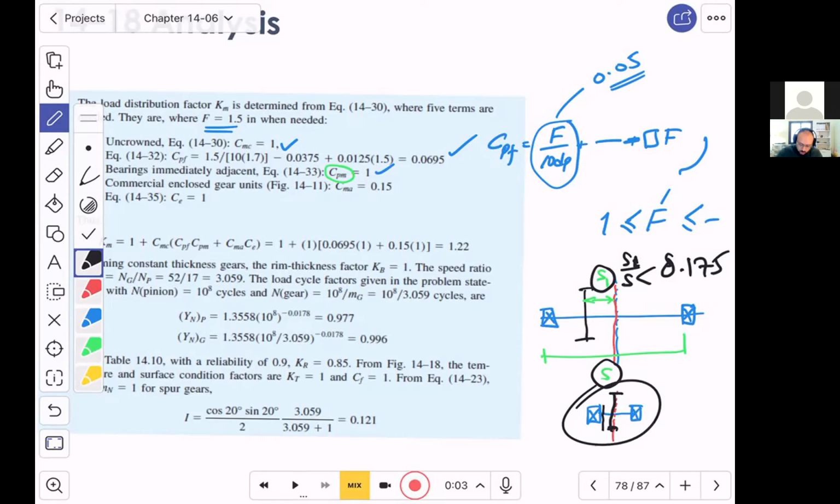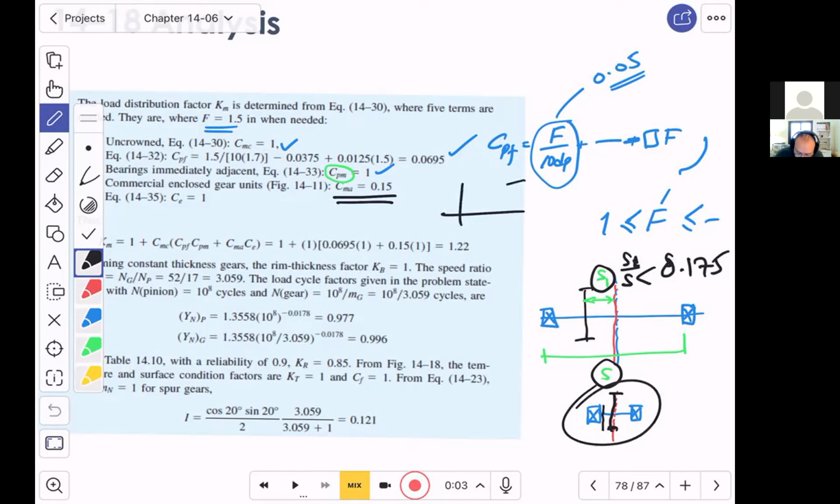Now, the one before the last one is about the unit. Is it enclosed? Is it open? So this is an enclosed gear unit, and for that, the CMA is found for a given face width, because there is an equation and there is a curve.